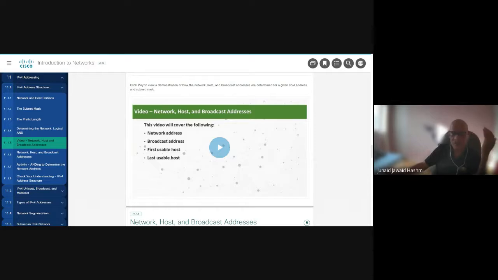They are called usable because there are IP addresses that cannot be used. For example, you cannot assign the broadcast address to a specific host, same as the network address, because it belongs to the whole network.